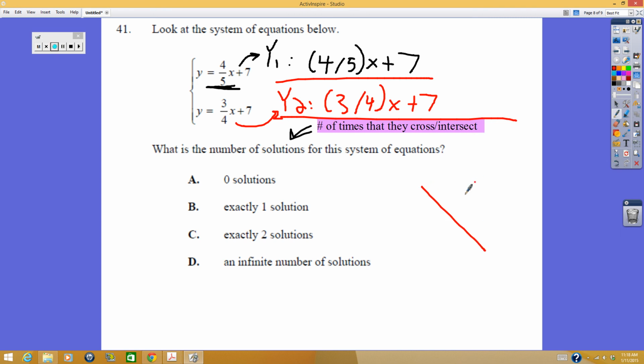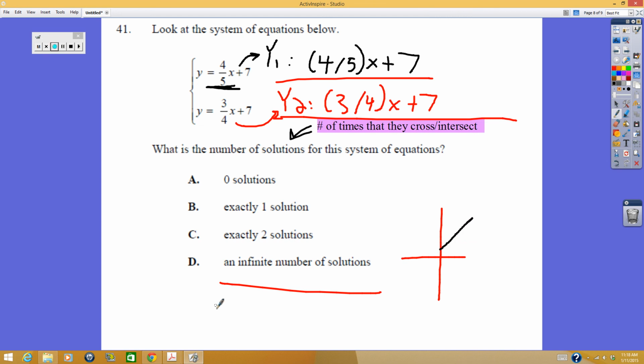If it looked like this, then there's only one solution. If it ended up looking like this or like that, and it never looks like it's going to cross, there are 0 solutions, okay? Infinite number of solutions, that's where you would have only one line showing up.